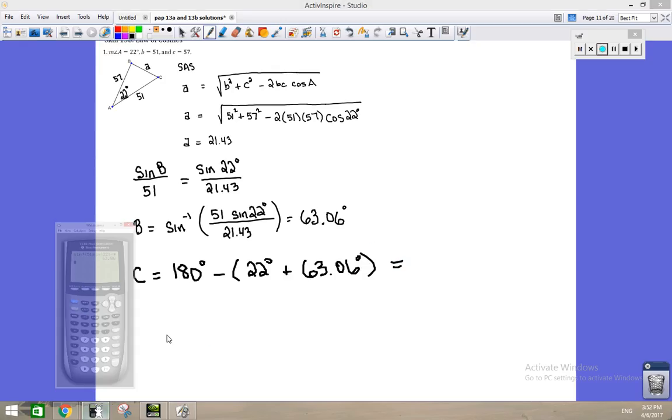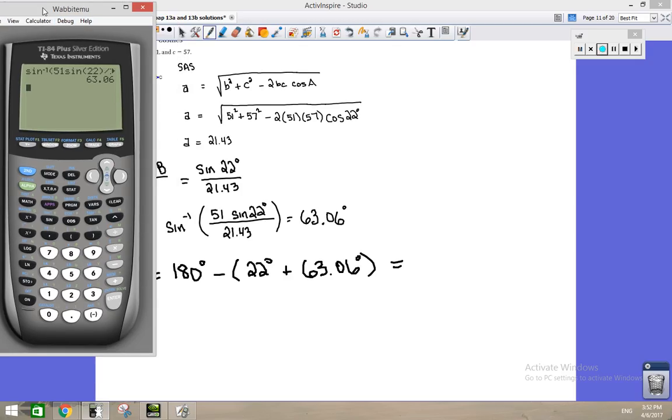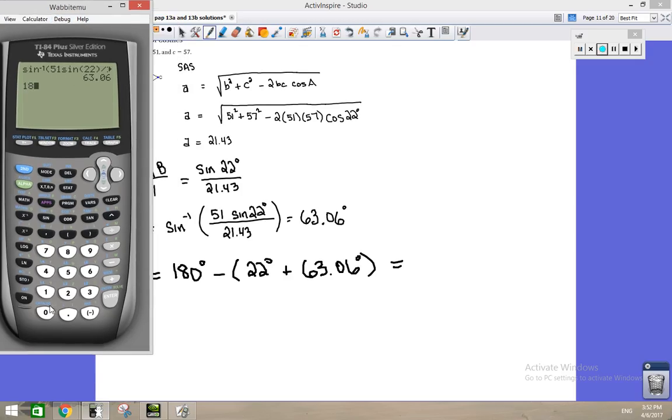And let's let the calculator do that work. I've got 180 minus that sum. So I'm getting 94.94 degrees for that last angle.